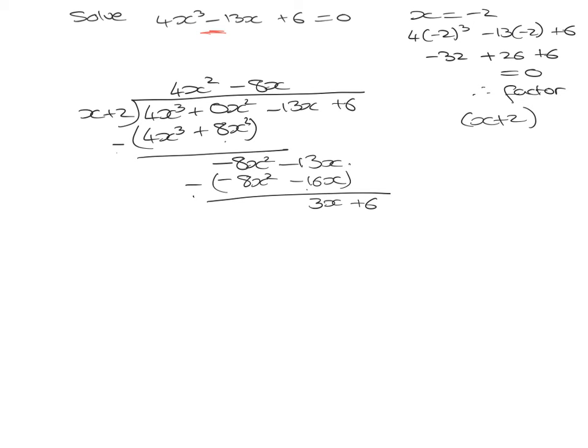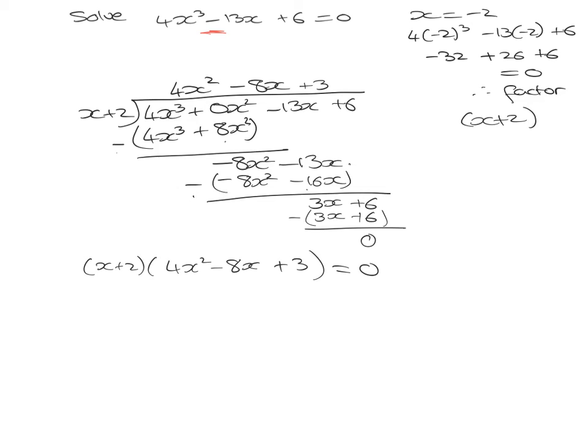Start again. 3x divided by x gives you 3. 3 times x is 3x, 3 times 2 is 6, and when we subtract that, we get 0. So we can factorise it to x plus 2, and 4x squared minus 8x plus 3 equals 0.